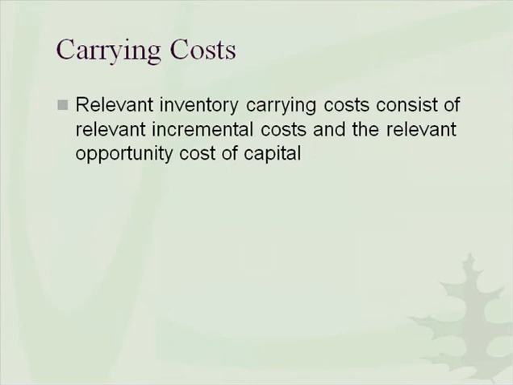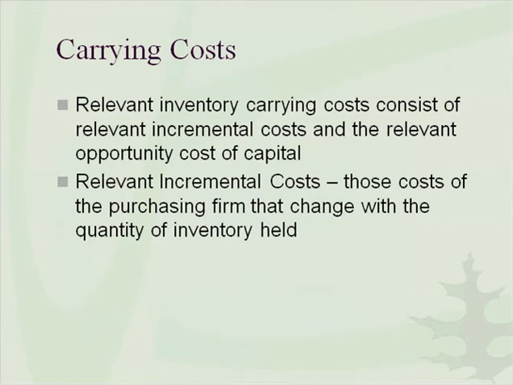So the whole idea here is that we are paying attention to what incremental costs we incur as a result of holding inventory, but we also pay attention to the fact that we have money tied up in inventory, and that money could be used for other alternatives.